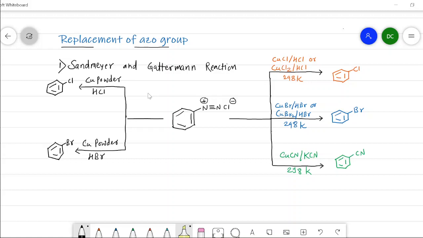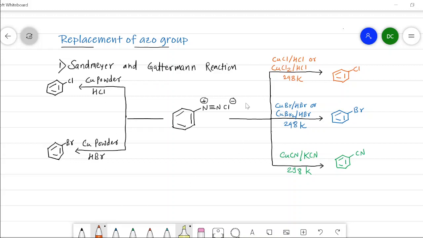These reactions are the same, but in one reaction we have to use a copper salt, either cuprous or cupric salt, and in the other reaction we have to use copper powder. Now let's see.